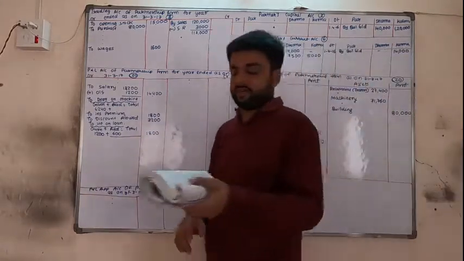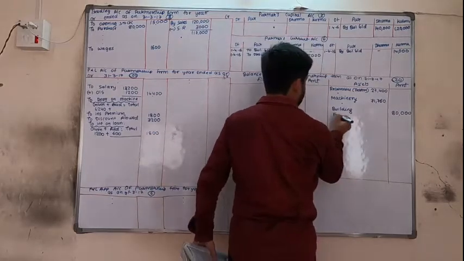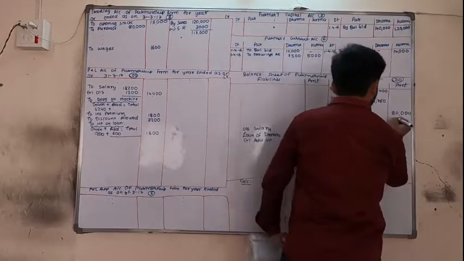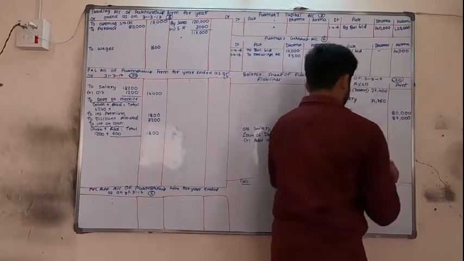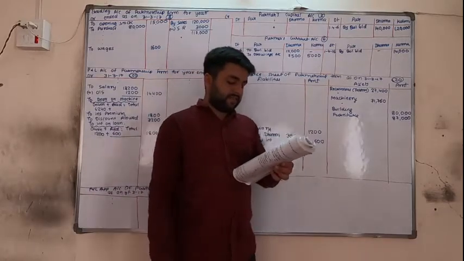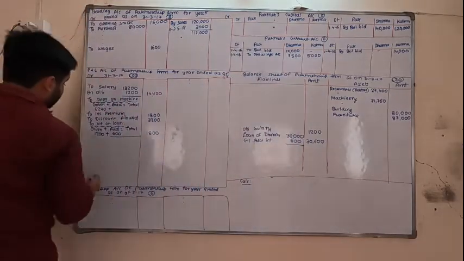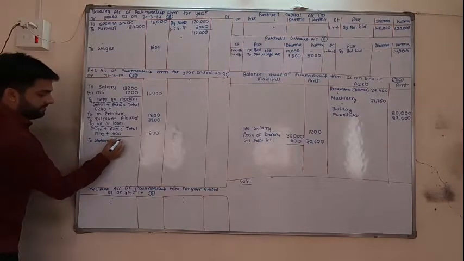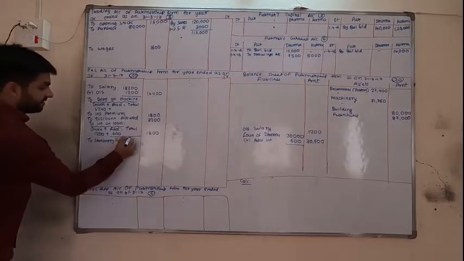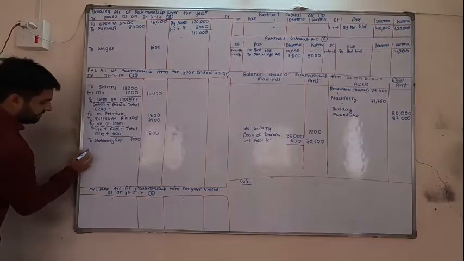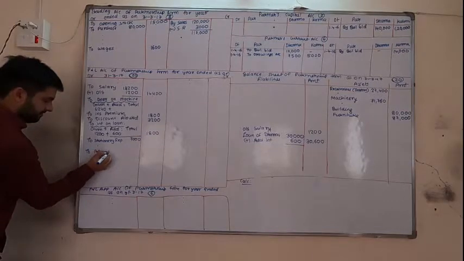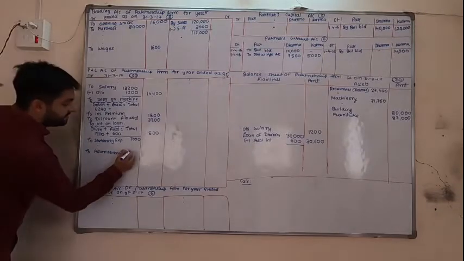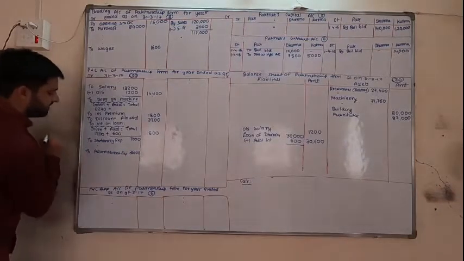Next, furniture is our asset. Furniture in the outer column 87,000. Next we have stationery expense, which is our expense, but it has an adjustment. In the inner column 7,000, leaving one line. Again, advertisement expense also has an adjustment, 36,000, leaving one line.